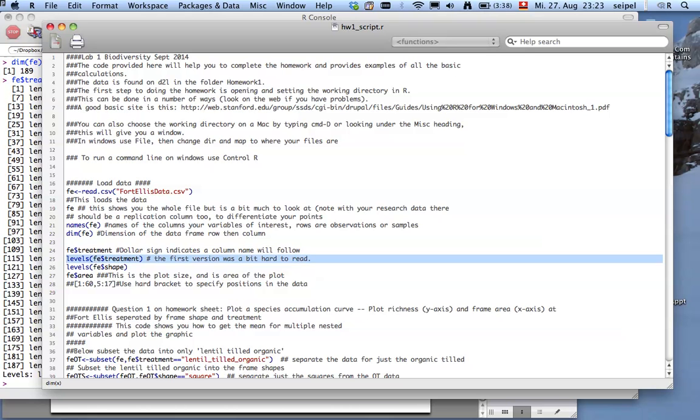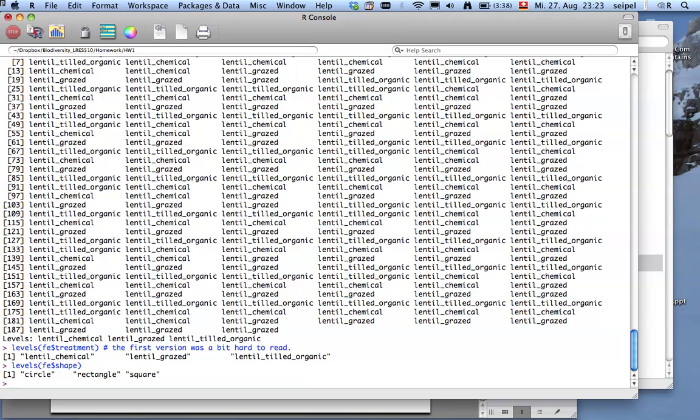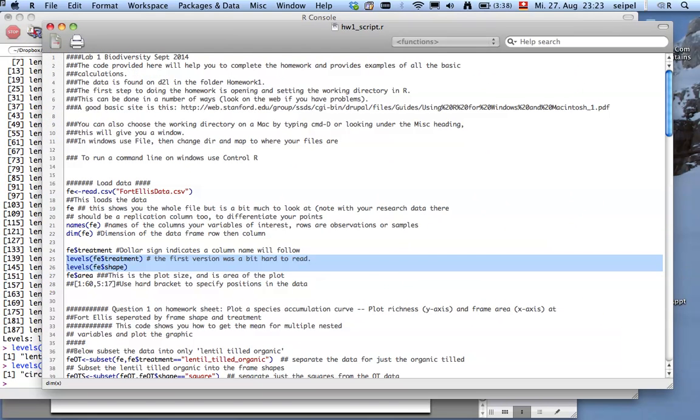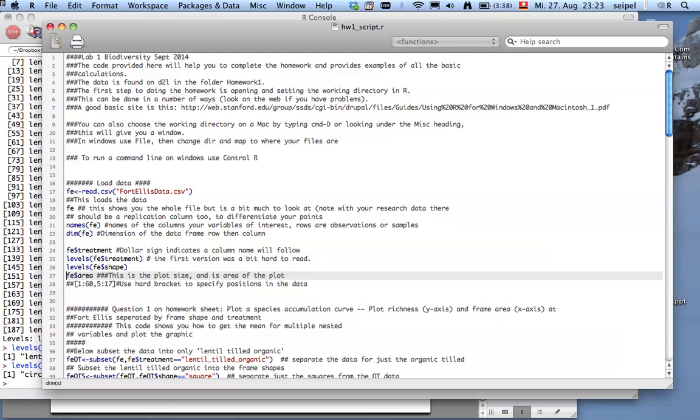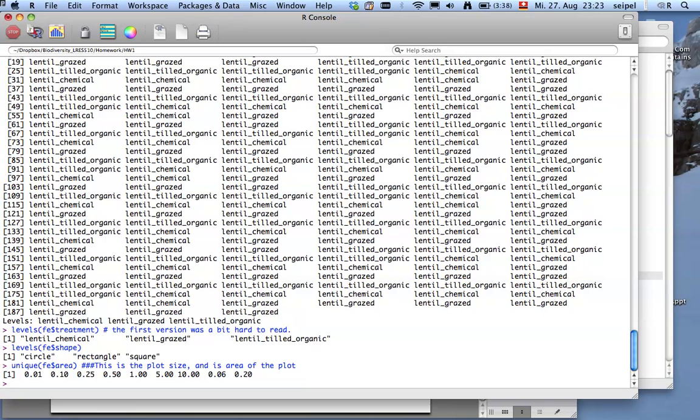We can see these levels for the different ones. We have circles, rectangles, squares. And if we'd like to see for area, since it's numeric, we can just add unique, which will show us all the unique levels. And you can see there are all our different sizes of frames.